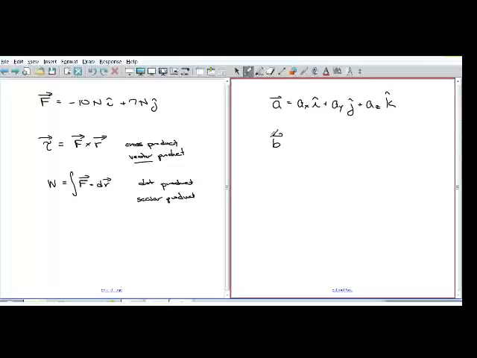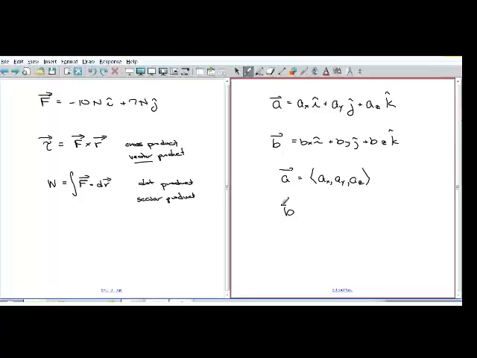And let's say we have vector B. It's another general vector, which is B sub x times i plus B sub y times j plus B sub z times k. Another way to represent vector A uses a less-than-looking sign, and you just list the three component magnitudes. So if you saw this, you would know that means that.